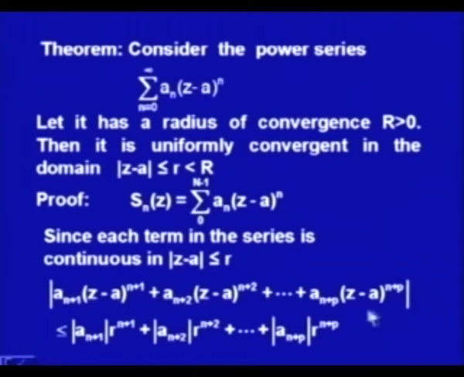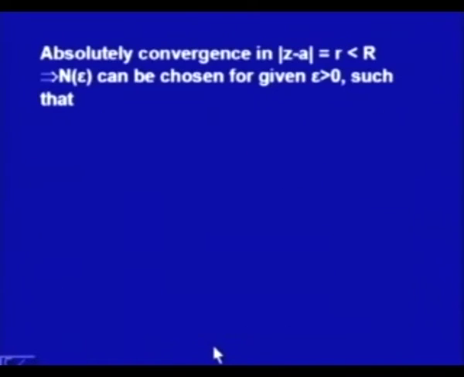These coefficients may be imaginary, so we have to consider the modulus here. So, this sum is less than the sum of these terms. The triangle inequality is applied. So, absolute convergence in |z minus a| equal to r, which is less than R.